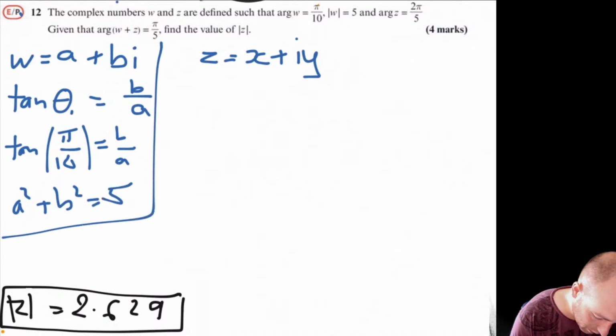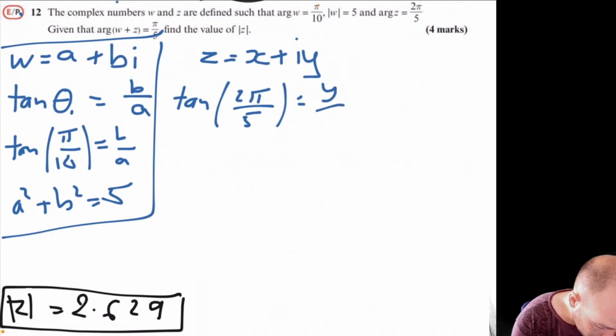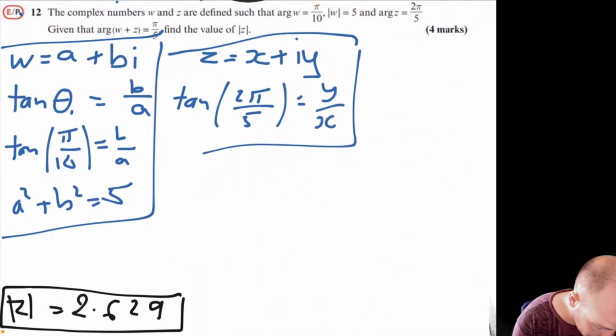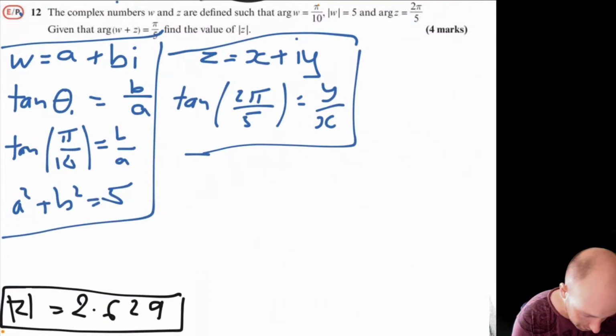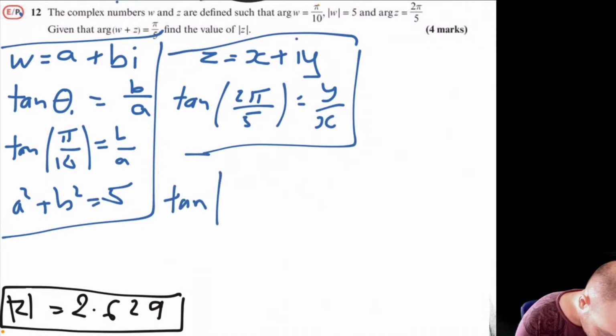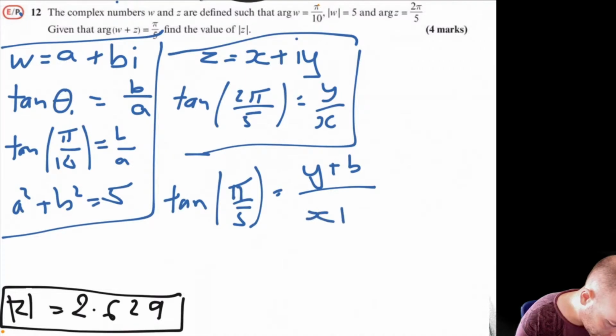So that's all the stuff we know for this one. For Z, we don't know much about it, but we know tan of 2 pi by 5 is Y over X. And we also know the argument of W plus Z, so if I add both these together, so we also know tan of pi by 5 is, will that be Y plus B over X plus A.